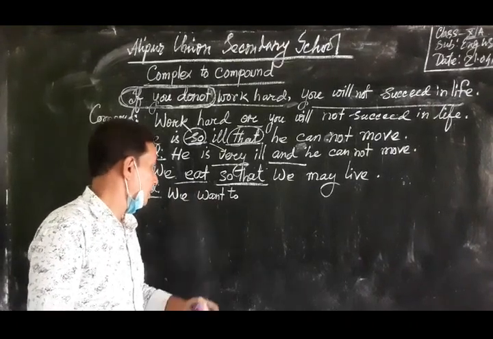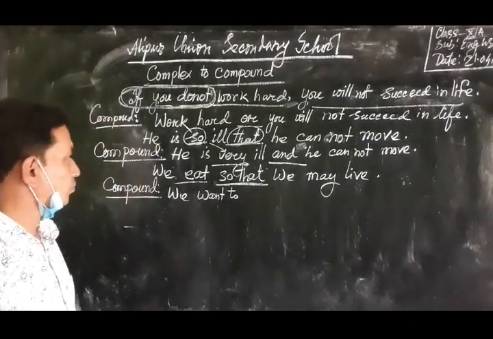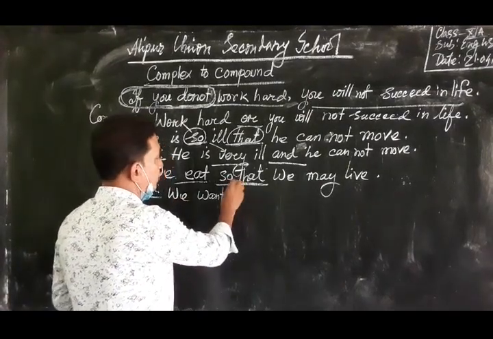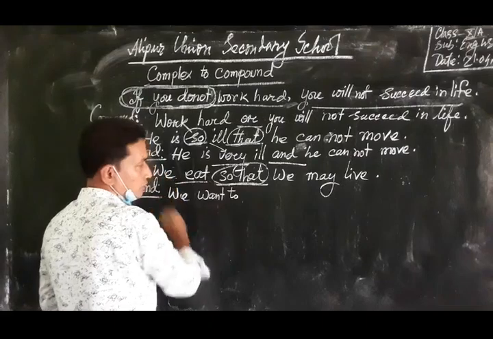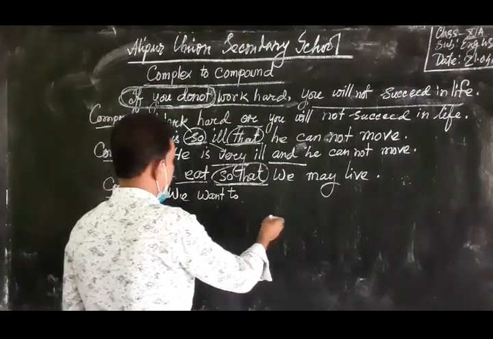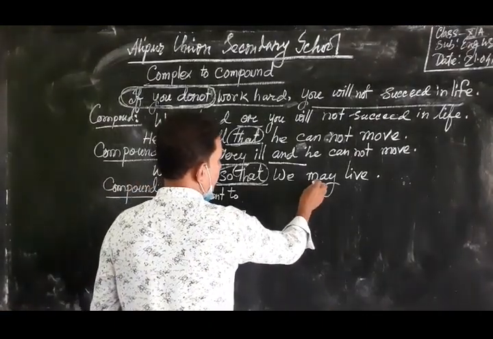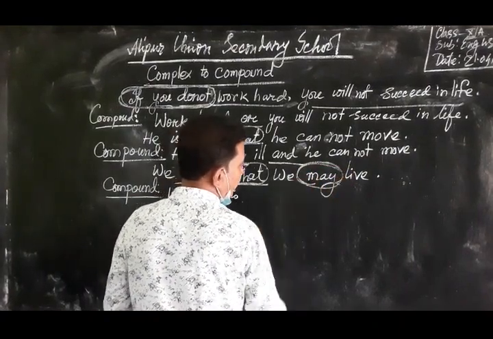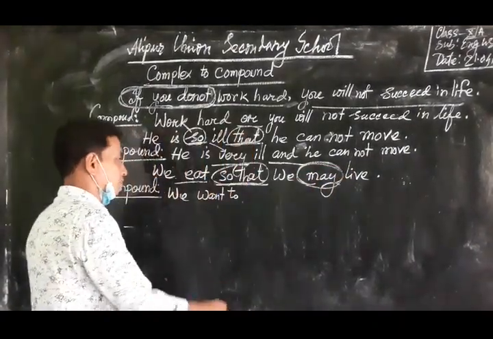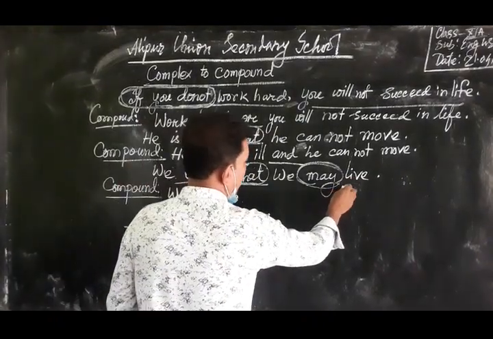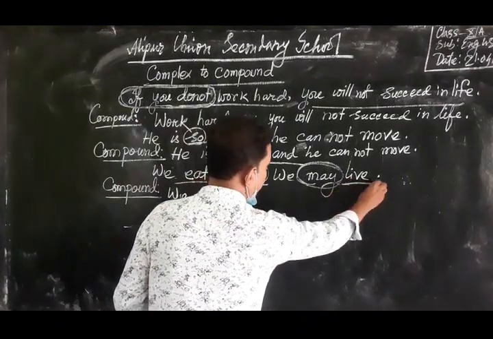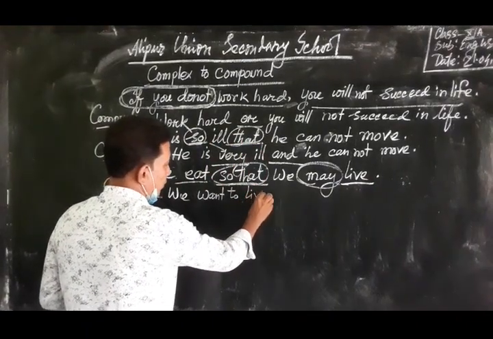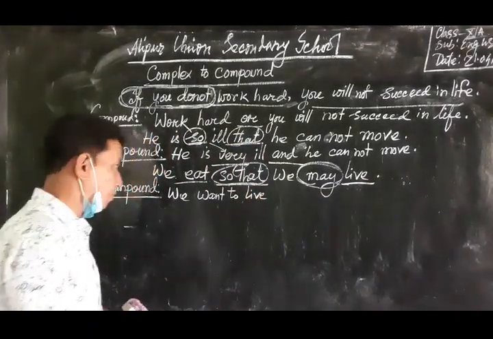Okay, dear learner. And we want to, and then we have to discard the conjunction so that, at the same time we may discard the auxiliary verb. This is modal auxiliary may. We also discuss this item, and we may write the main verb. So live is the main verb. So we may write live.